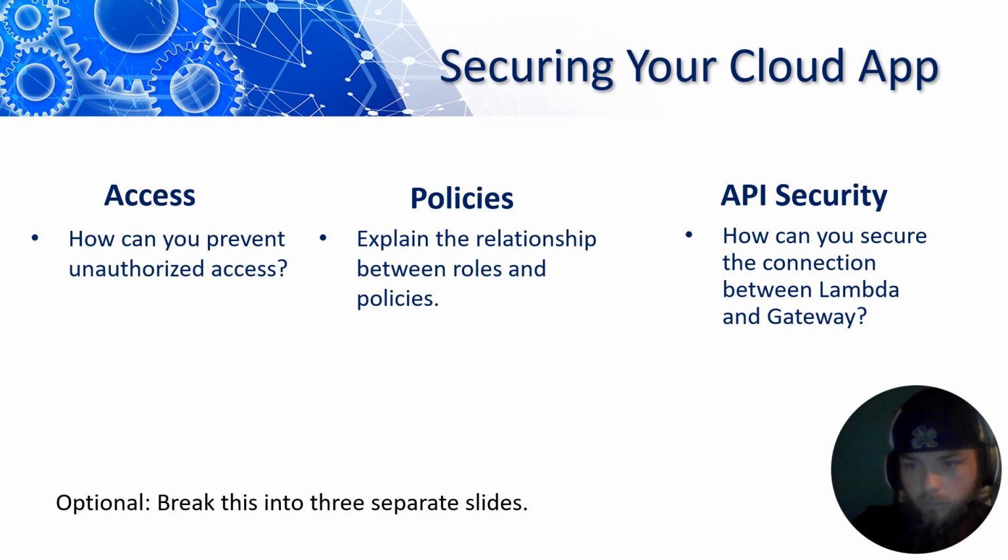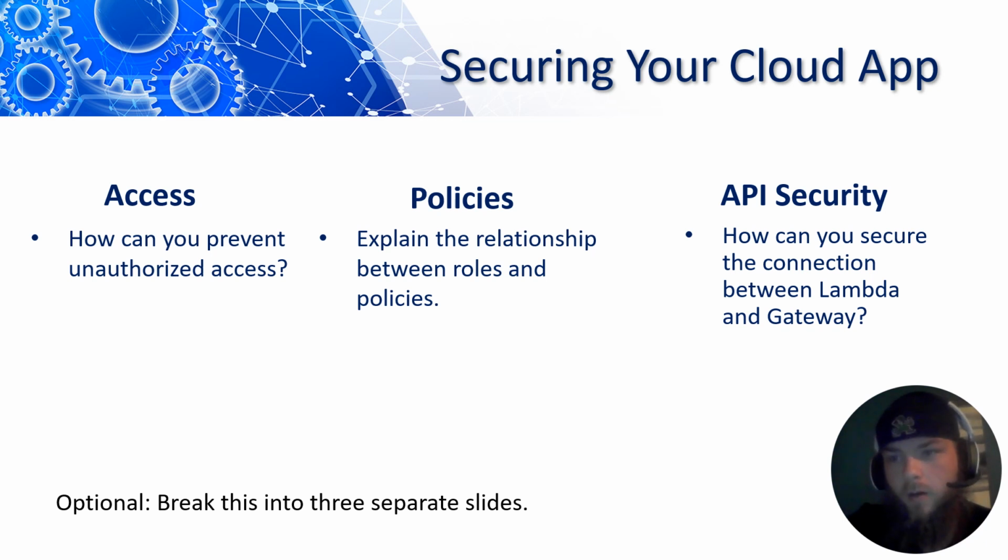Resource policies, and we did do this. These are Lambda policies, where we implement JSON code into the Lambda function. And we did this, and you can change this around or do whatever you need to do.